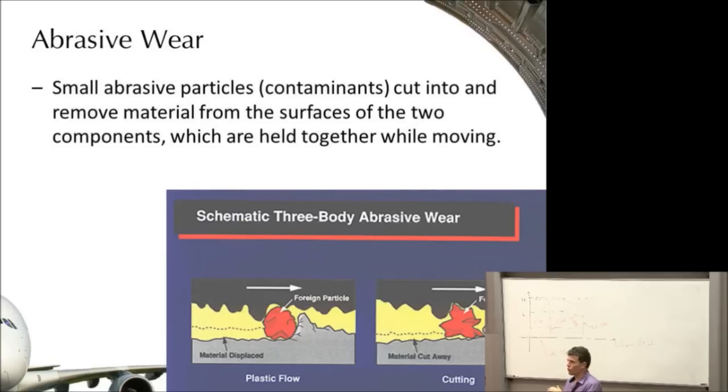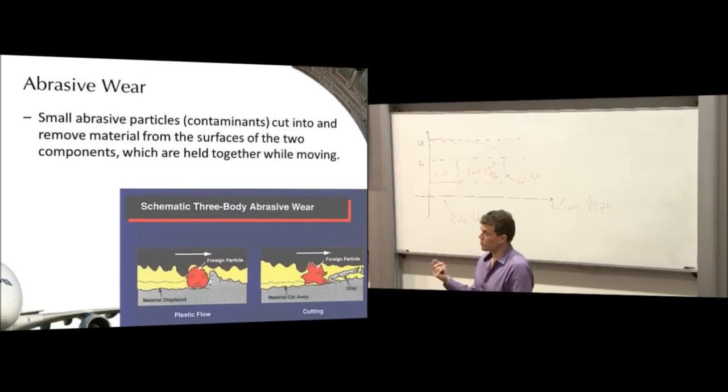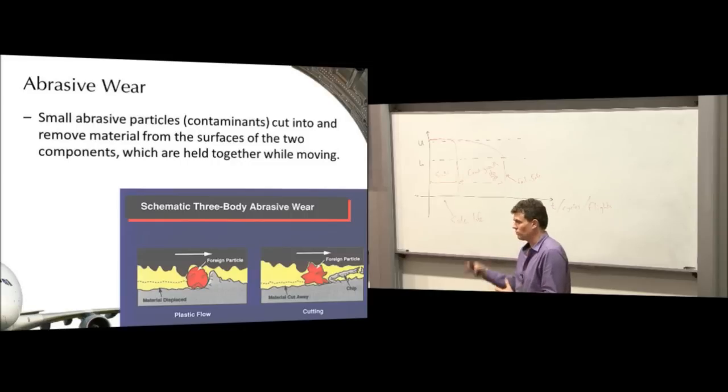So if there's some other piece of worn out material floating around in the system, that can act as the abrasive component. So like most of the things we've talked about so far, wear can lead to more wear. A little bit of wear, you'll get some debris, that'll lead to more wear and more and more wear. So all of these things tend to act in an accelerating fashion. We have to worry about the rate at which these things are occurring.